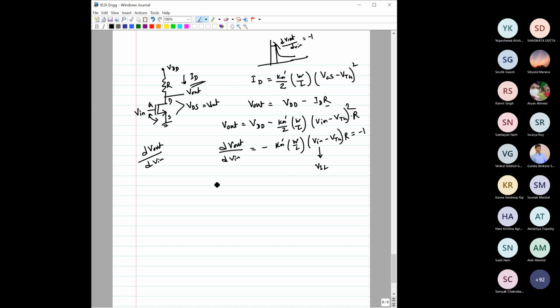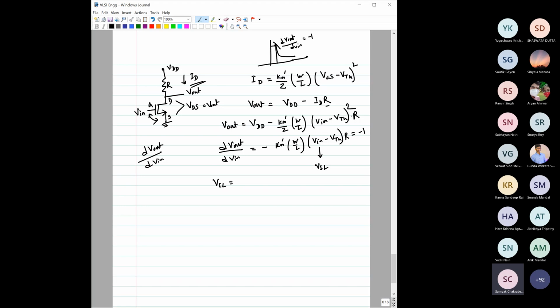In the V out equation, we can directly substitute the value of dV out by dV in, because Kn dash W by L into V in minus VTH into R is also present there.